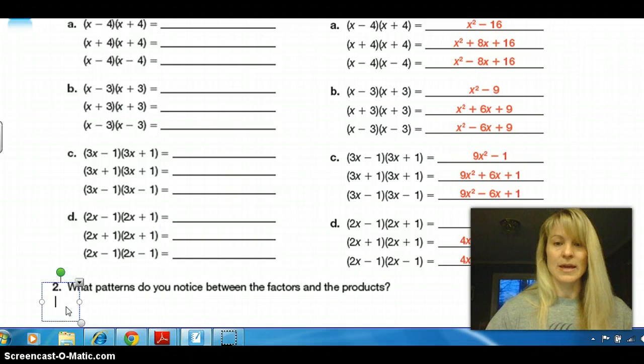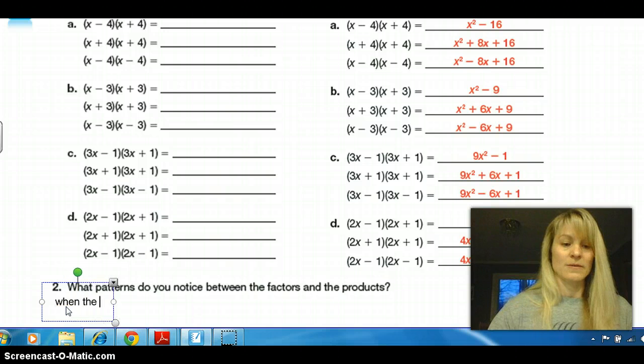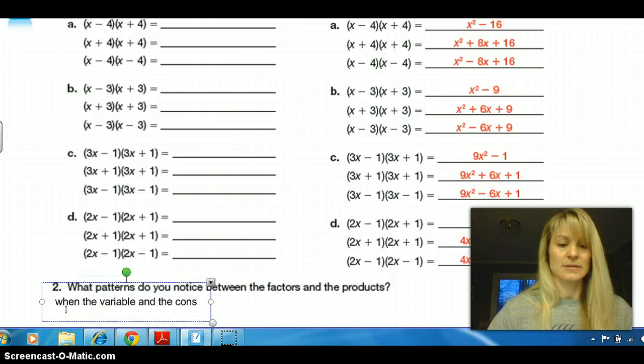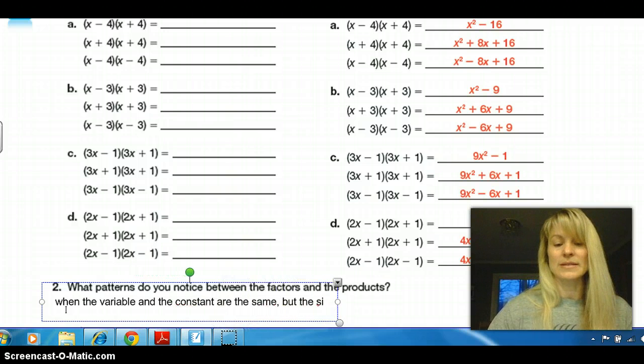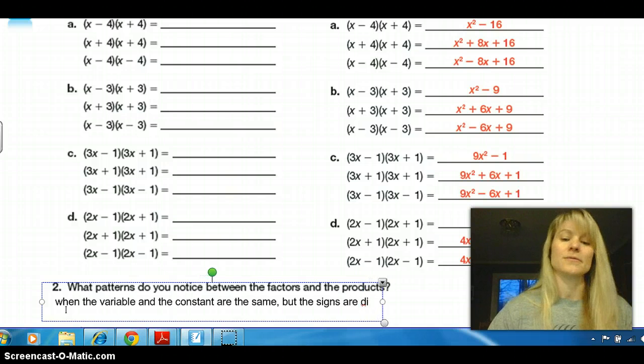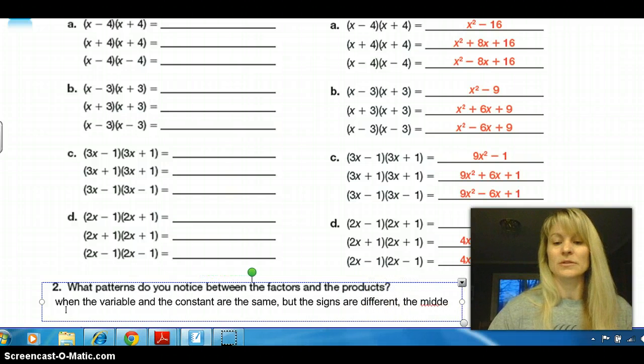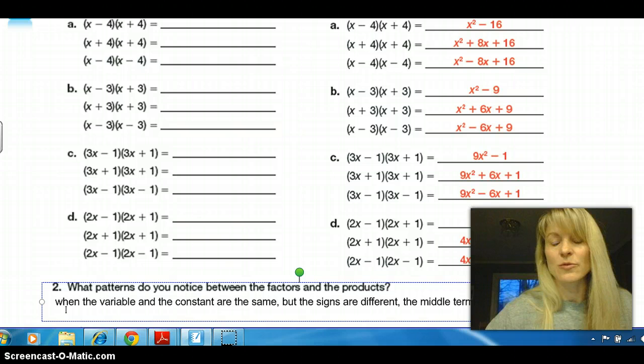So we could say when the variable and the constant are the same, but the signs are different, the middle term will cancel or zero out. And then we should notice too that the x squared and then the 4 times 4, that's a perfect square, which is 16.